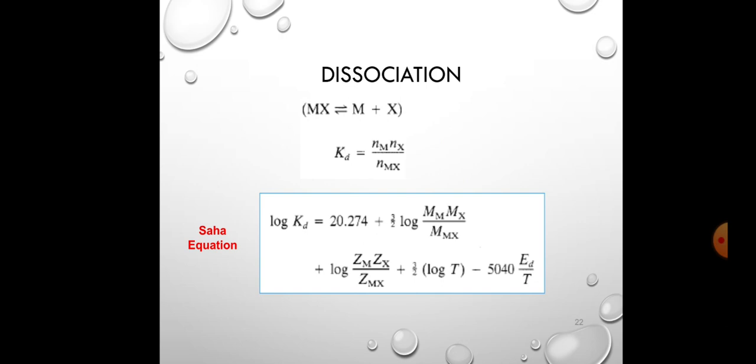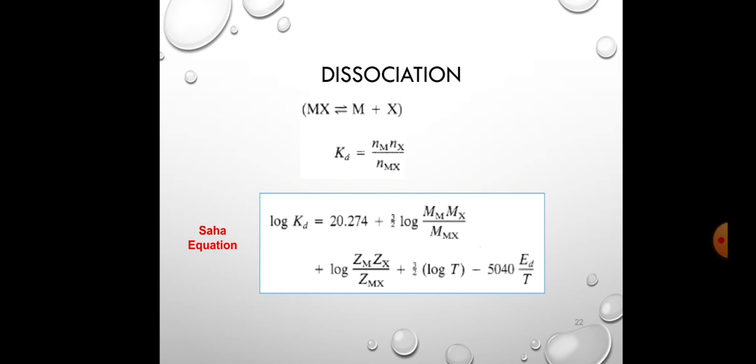As I said before, in the dissociation step, the molecules will be converted into atoms in the vapor phase. So if the molecule is MX, for example, NaCl, or another salt that has been evaporated and is in the flame or a plasma, then this molecule that we call MX will be dissociated and converted to M plus X.